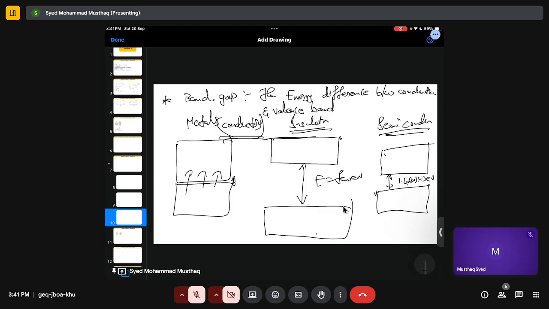So whenever you supply some amount of energy, that energy is supplied in terms of heat. Whenever you take a silicon wafer and do the conductivity testing, you just supply current, the current will not pass through at lower temperatures. So whenever you try to heat this silicon wafer, then due to thermal energy, the electrons will jump from the valence band to the conduction band, because we are supplying the heat energy, and they will start conducting.